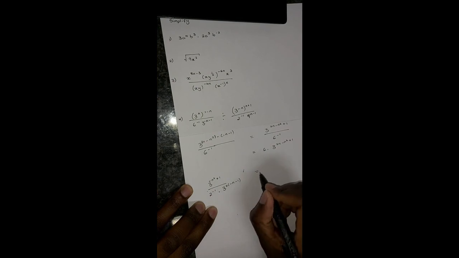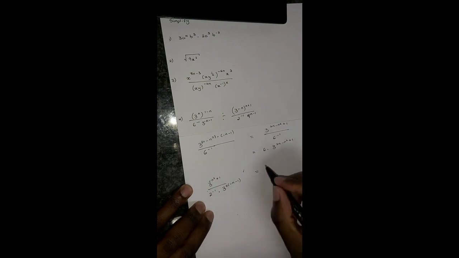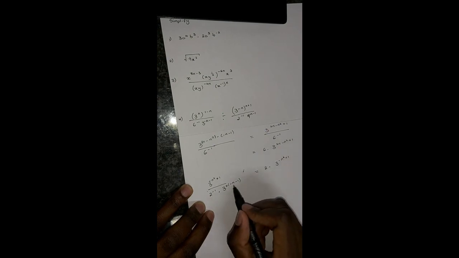And then 2 to the negative 1 over 2 to the negative 1 is just the same as 2. It's 2 times 3 to the negative n squared plus 1. And then simplifying this one, I'm going to be subtracting, minus negative 2n minus 2. And this just becomes 2 times 3 to the negative n squared plus 2n plus 3.